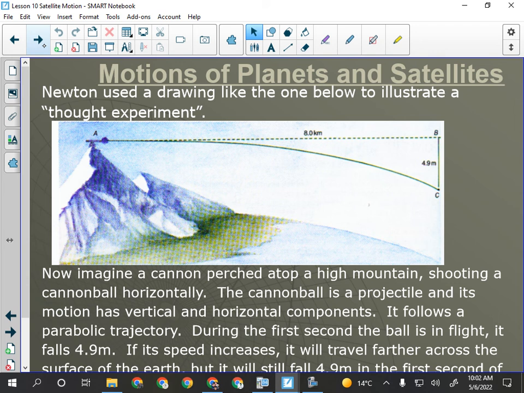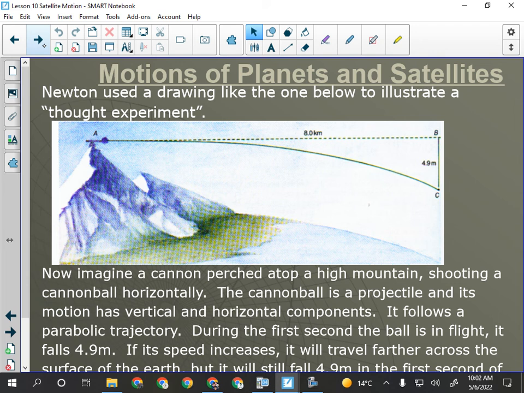As long as it would travel about 8 kilometers in 1 second, the amount it would drop due to gravity, which is 4.905 meters, is the same as the amount the Earth curves away. So the Earth's curvature drops 4.9 meters over an 8 kilometer distance. If I can make something travel at 8 kilometers per second near the Earth's surface, it will orbit the Earth.